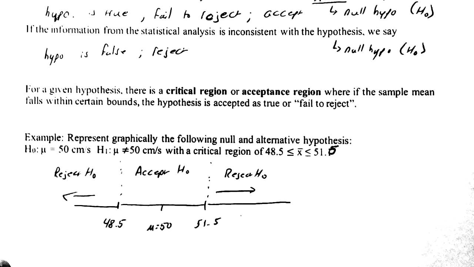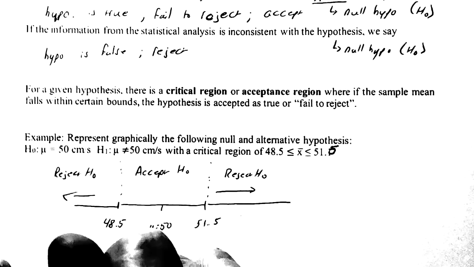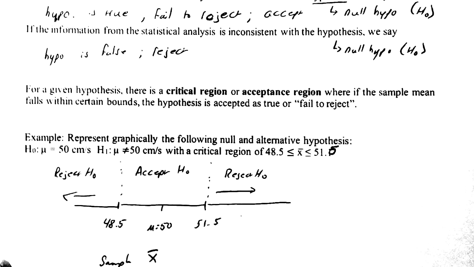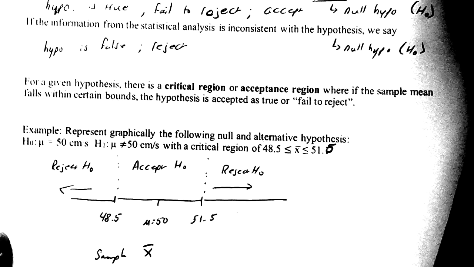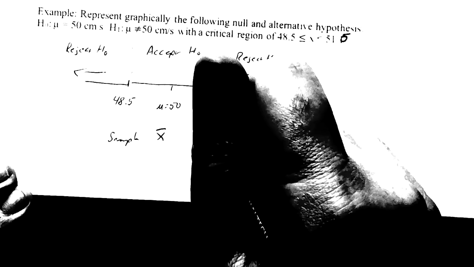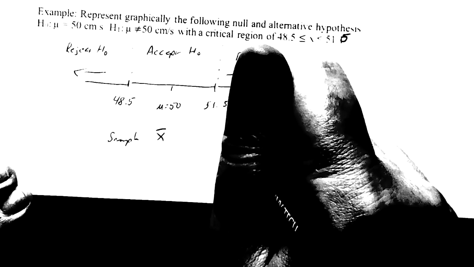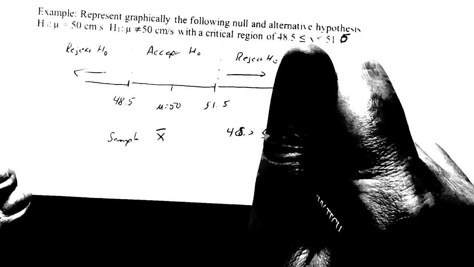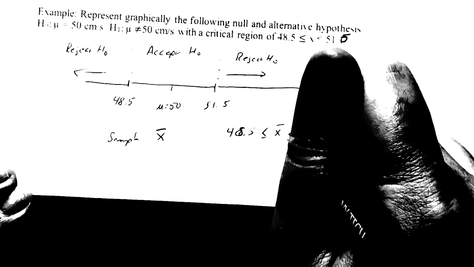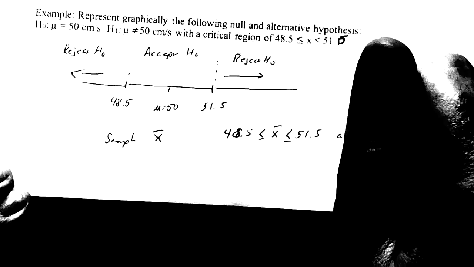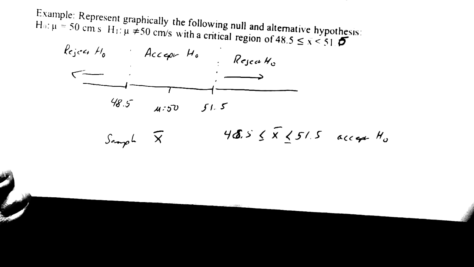So this means if our sample mean X bar is between 48.5 and 51.5, that is, 48.5 is less than or equal to X bar, which is less than or equal to 51.5, we're going to accept H0.